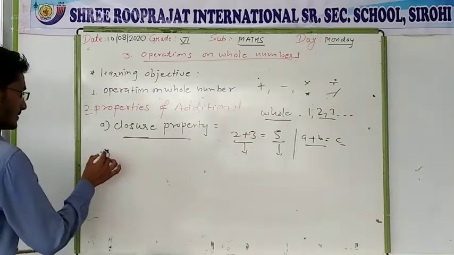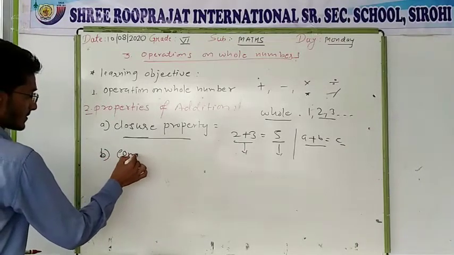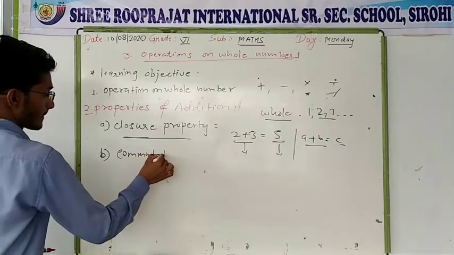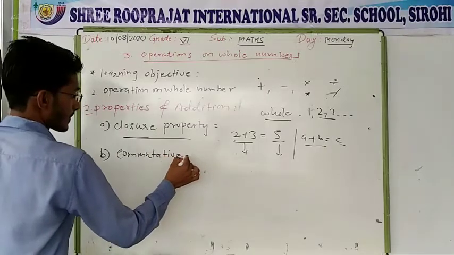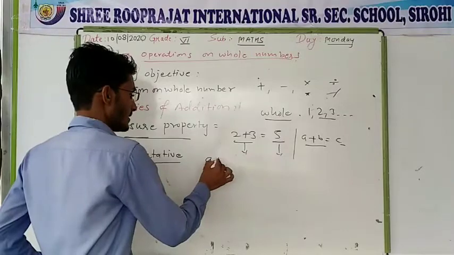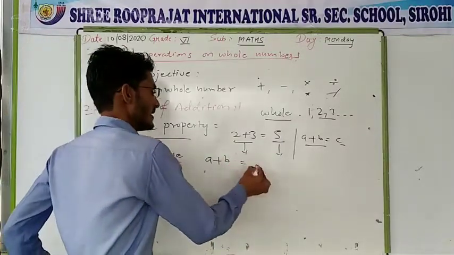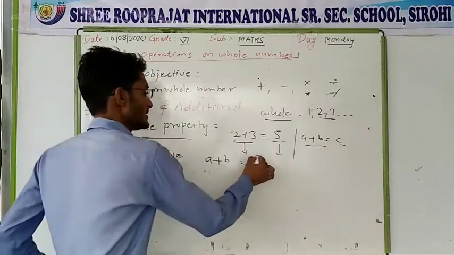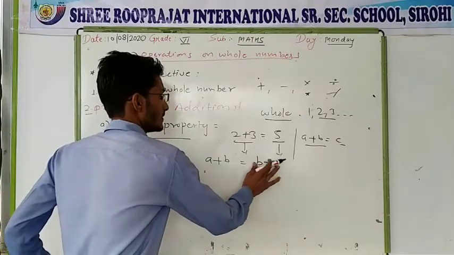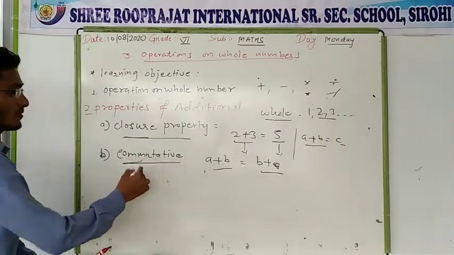Next one is the commutative property. Suppose again there are two whole numbers, A plus B. If we add, and next time we add in a different order, that means B plus A, but both times we get the same answer, that is called the commutative property.